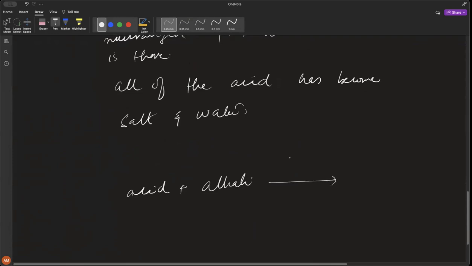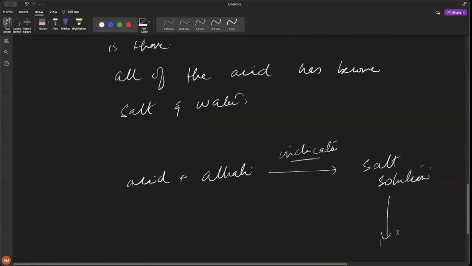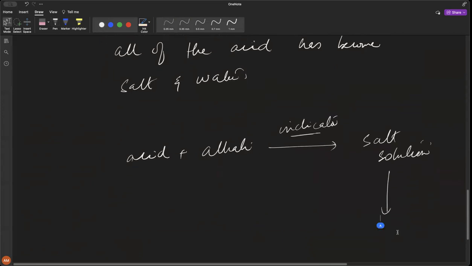We are going to be using indicators to tell us whether all of the acid has converted into salt and water. So we are not going to be pouring any more alkali in it. You're going to get a salt solution, and this salt solution is going to be formed into crystals, right?